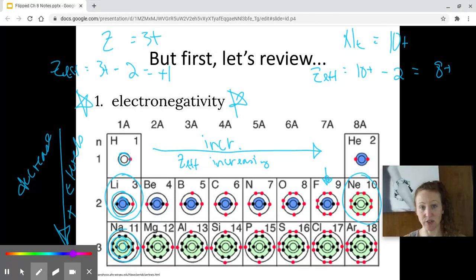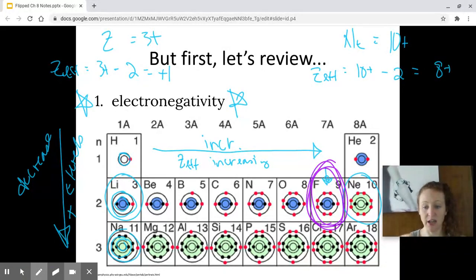Distance is going to decrease electronegativity. So fluorine has one of the highest electronegativities of anything on the periodic table. Anything on the top is going to be pretty high because it's small, and anything on the right is also going to be pretty high electronegativity because of that Z effective. So this area has really high electronegativities.